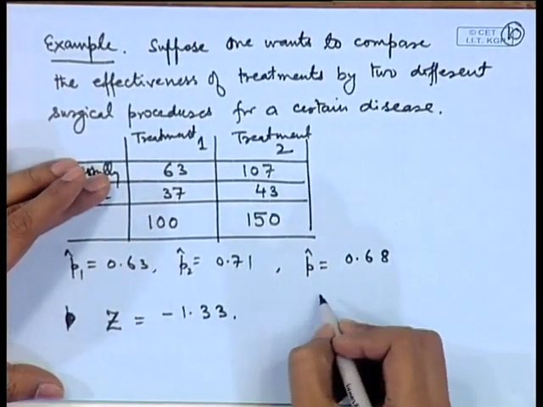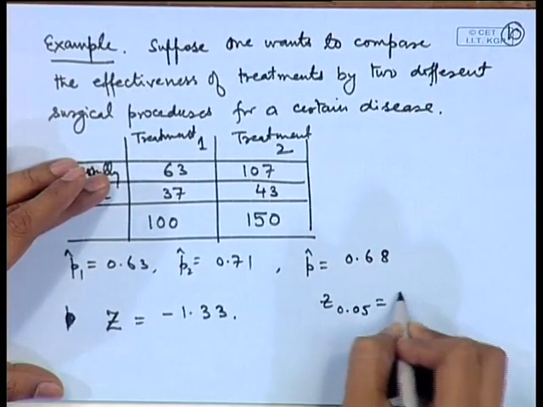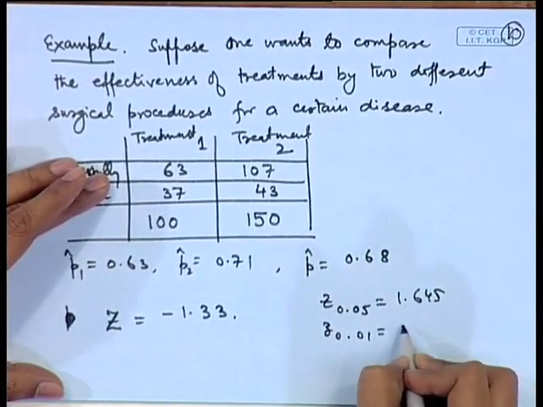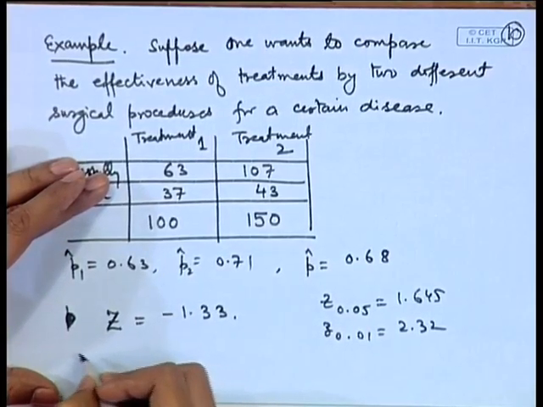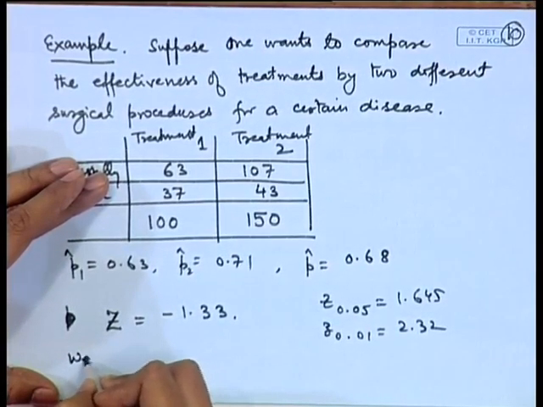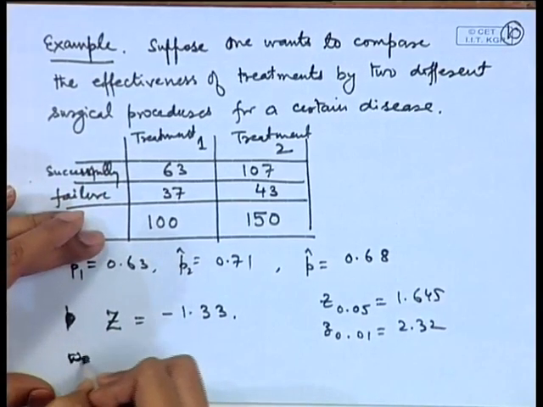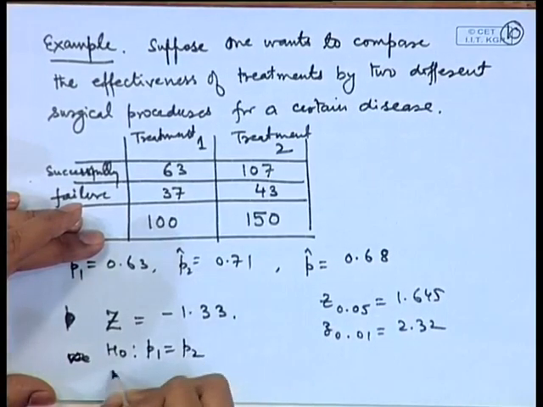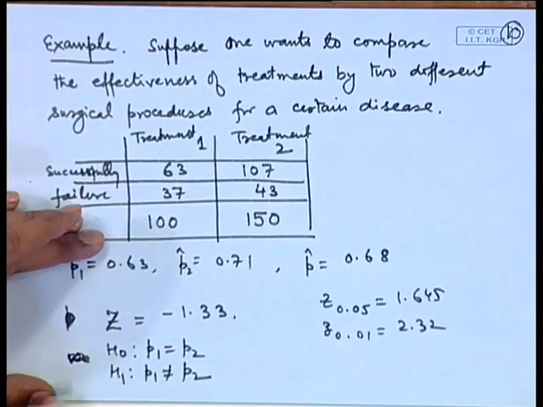If we are considering any reasonable level of significance, say Z 0.05, that is 1.645, suppose I take Z 0.01, that is 2.32, etcetera, then you can see that if we consider, say, hypothesis H naught: P 1 is equal to P 2 against, say, H 1: P 1 is not equal to P 2.